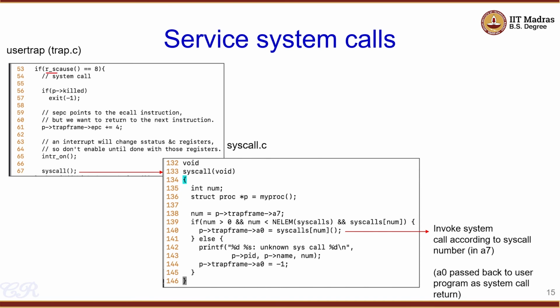We read the SCAUSE register and check whether it's equal to 8. If it is equal to 8, we know that it is a system call. We also do a check to identify if the process that invoked this has been killed or terminated already. In such a case, we don't need to service the system call.